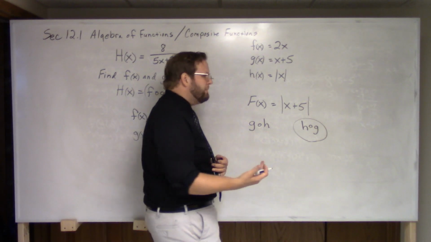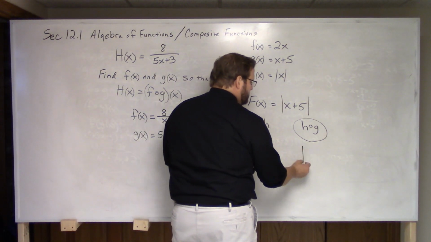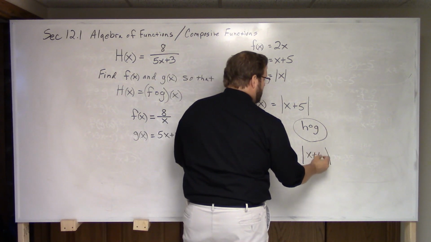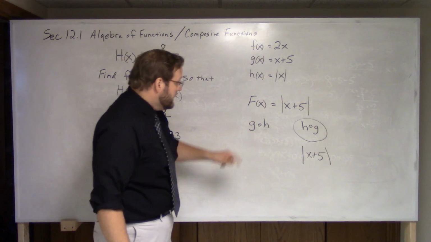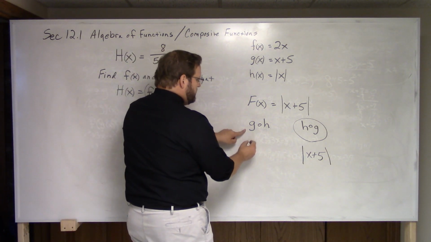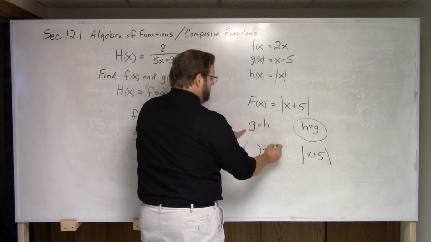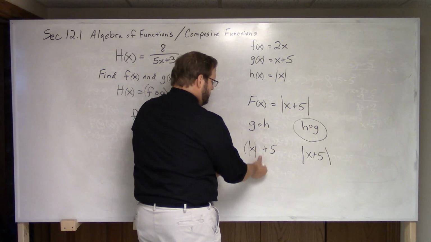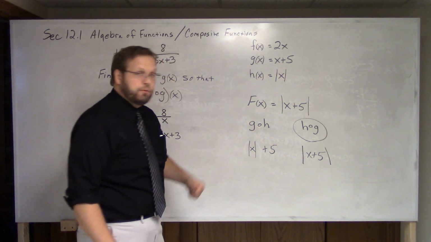And if we did that composition to check, it would be absolute value of something for h, and then x plus 5 goes inside. If we did this one, just for the sake of discussion, we would start with g, which would be that, and then we would plug in the absolute value of x. And that's not what we were looking for.